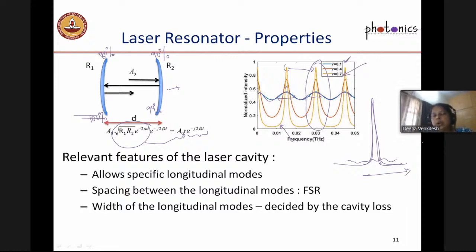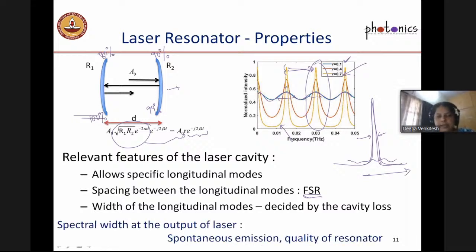Right? So the temporal coherence property of the laser is decided not only by the spontaneous emission, it is also decided by the allowed width of the longitudinal modes supported by the laser. Now the spacing between the longitudinal modes is called the free spectral range, or FSR, of the cavity. The width of the modes is decided by the cavity loss. Hence, the spectral width of the output of the laser is decided by the spontaneous emission.